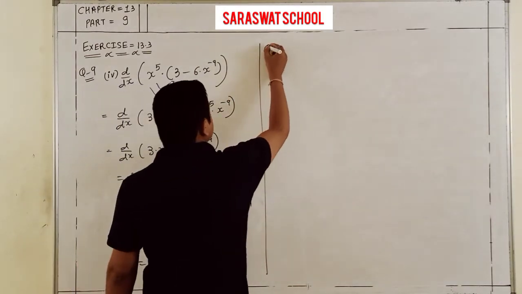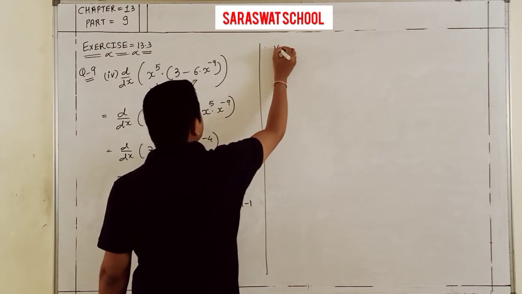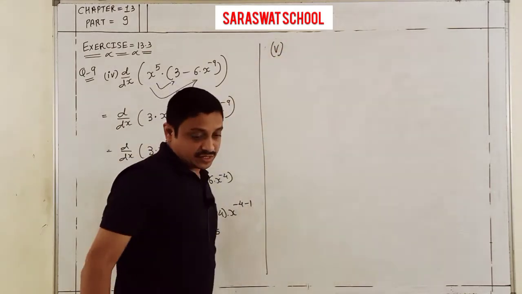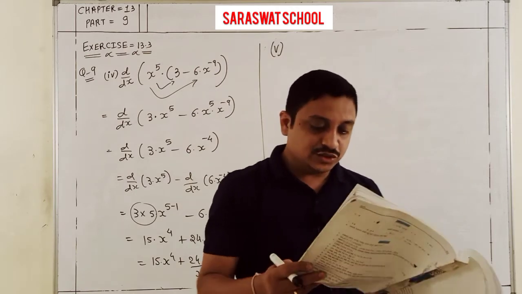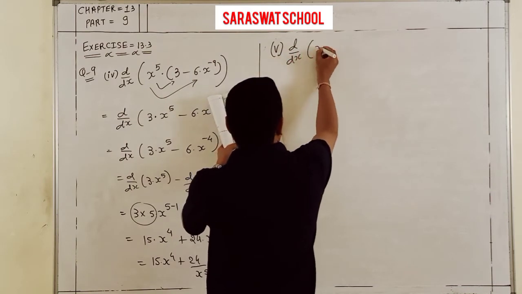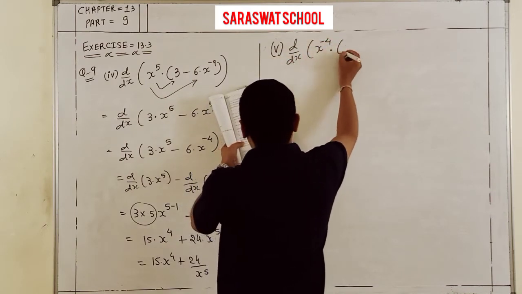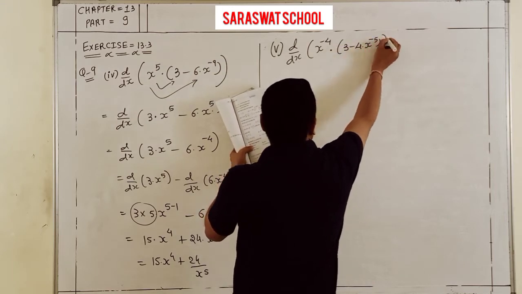Now continue question 10. Sorry, not question 10, 9th. Continue your 5th one. Yes, question 9, the 5th one is also the same, in the product apply d/dx of x raised to minus 4 into 3 minus 4 x raised to minus 5.